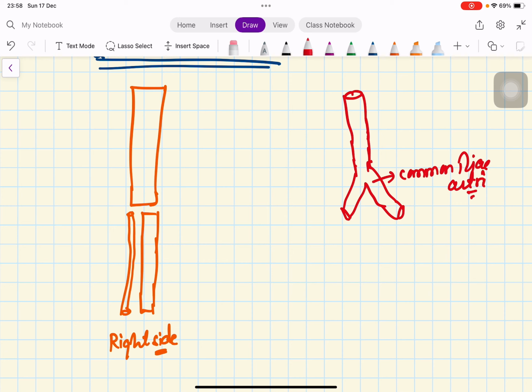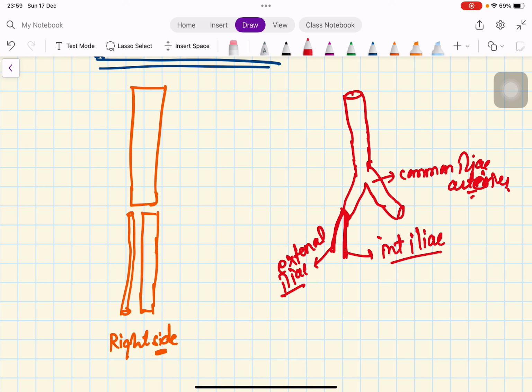They are the common iliac arteries. These common iliac arteries again divide into the external iliac and the internal iliac artery.